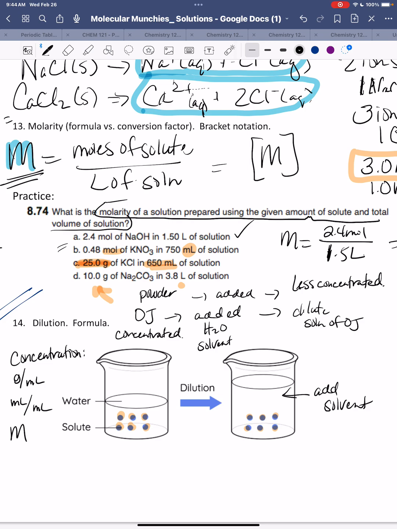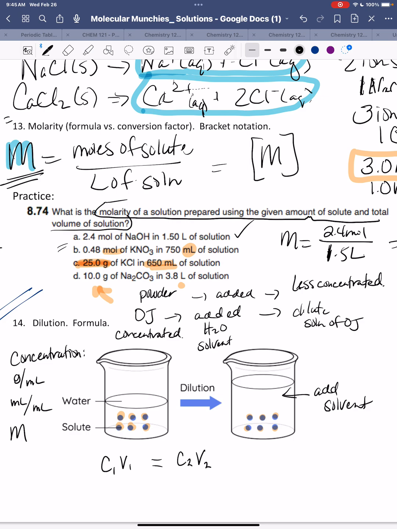You can do any measurement of concentration, and the formula always applies. The formula is the initial concentration times its volume is equivalent to the final concentration times its volume. And that formula right there, we're just going to practice working with.